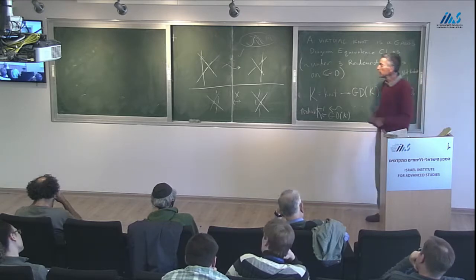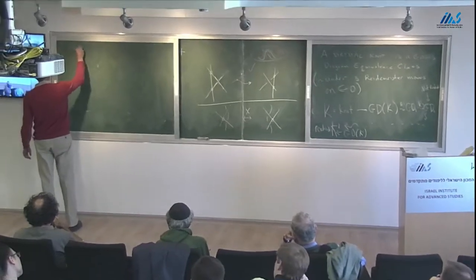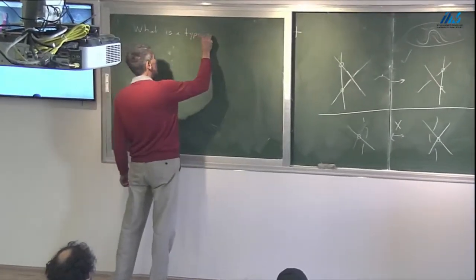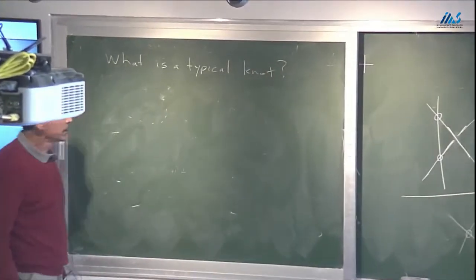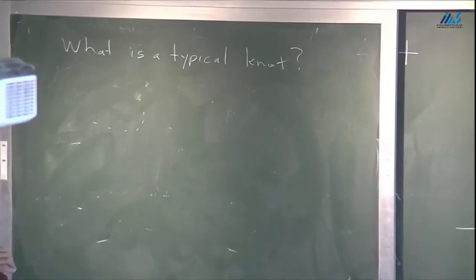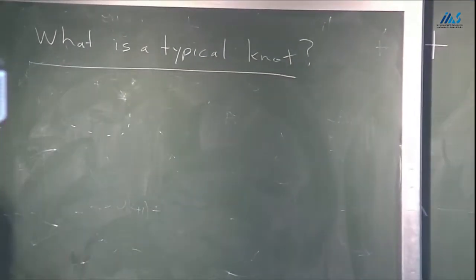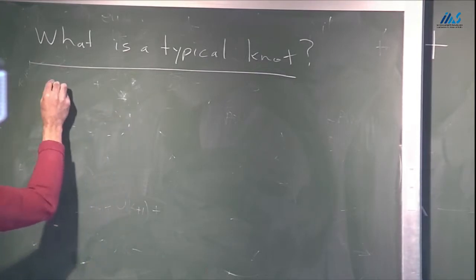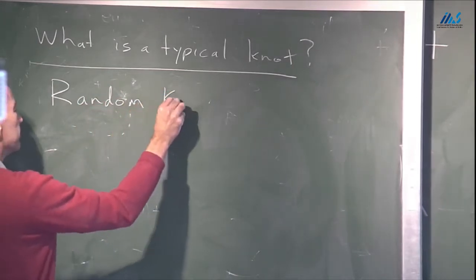Okay, so the next question I want to ask is, what does a typical knot look like? This is a new topic, so in order to make sense of this, you need to have some idea of some distribution over the space of knots, or some notion of what a random knot is.